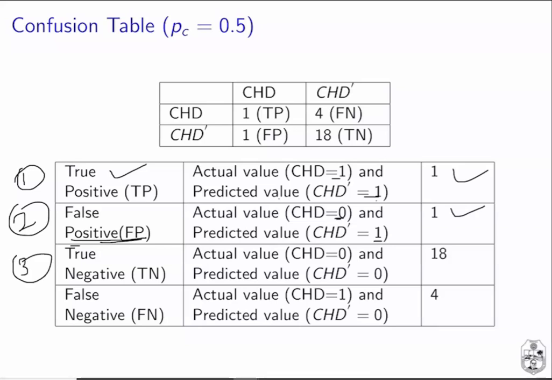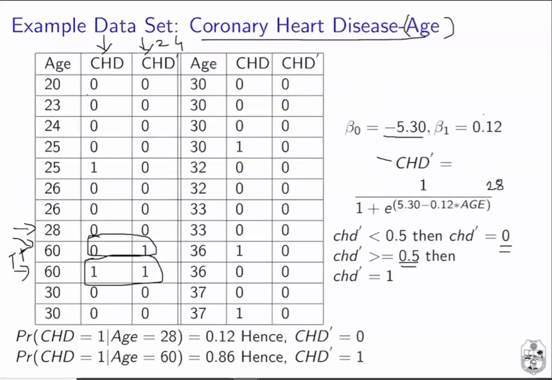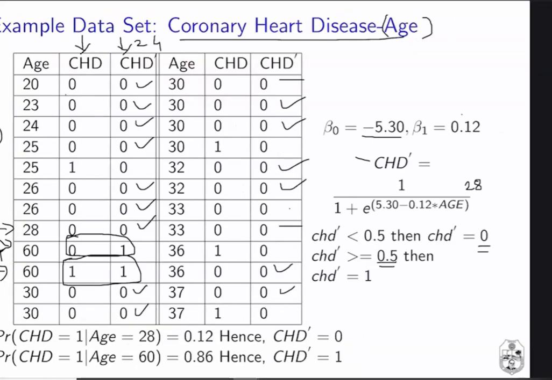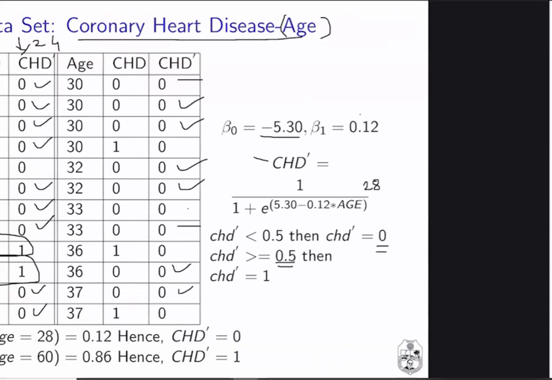This is 1, 2, 3, 4, 5, 6, 7, 8, 9, 10, 11, 12, 13, 14, 15, 16, 17 and 18. So there are 18 true negative entries.